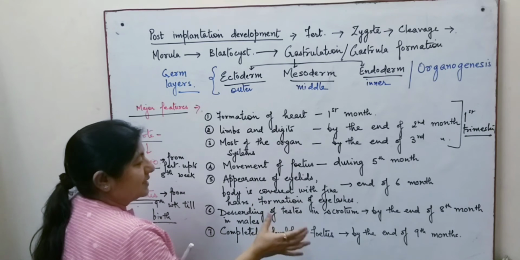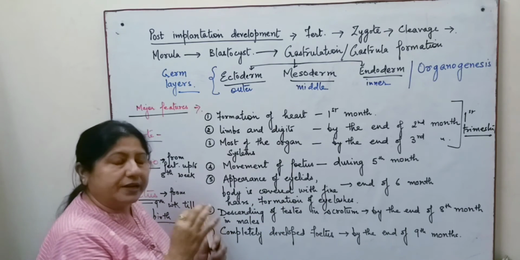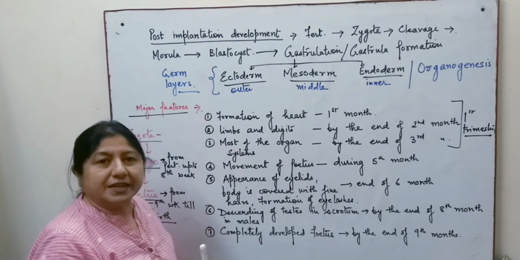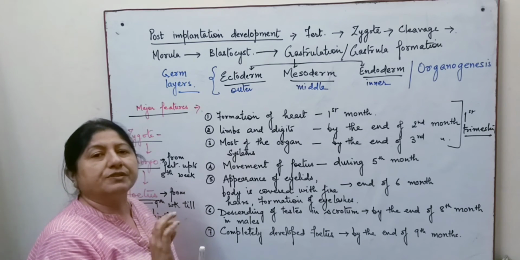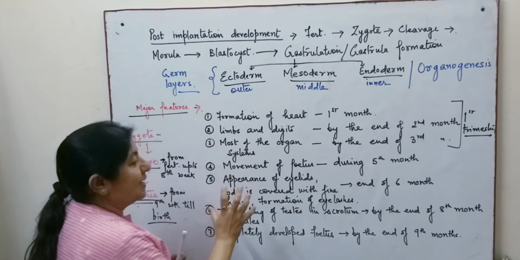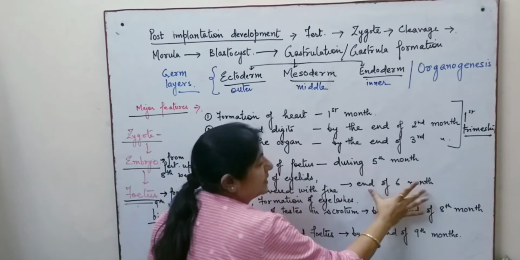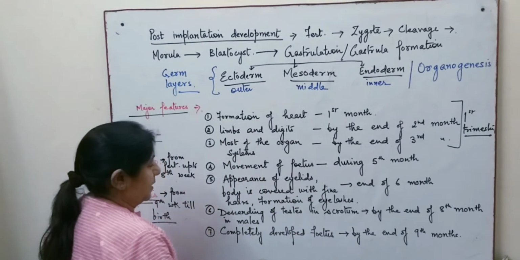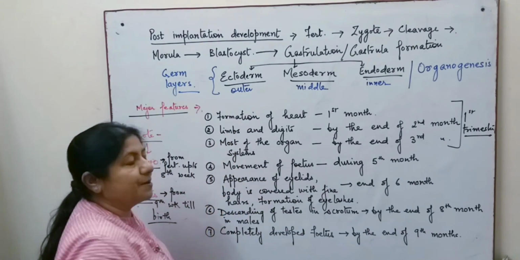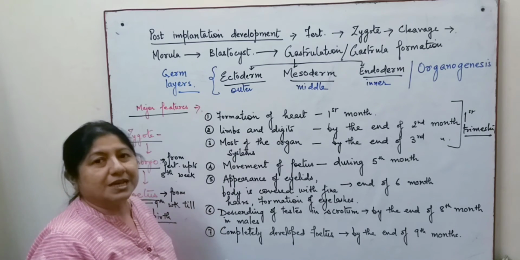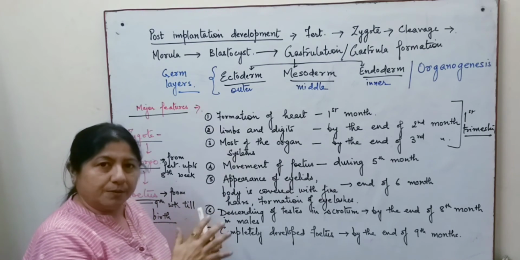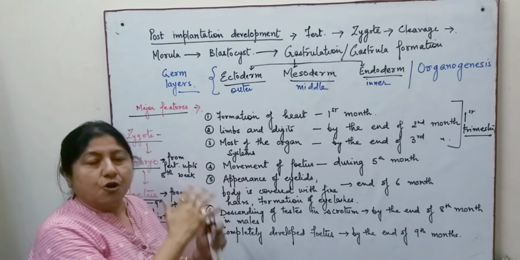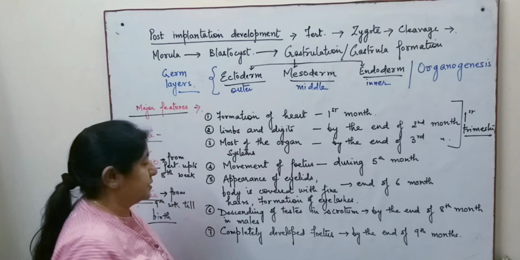Appearance of the eyelids and eyelashes, and the body will be covered with very fine hair. The fetus is covered with very soft hairs, and this is completed by the end of the 6th month. So these are various highlights, the major organs being formed and the major developments during the development of the zygote into fetus.